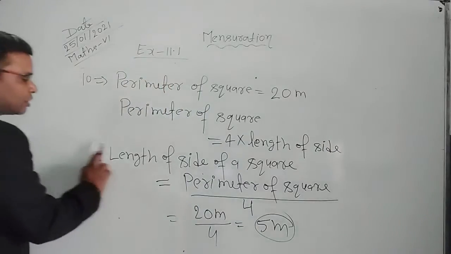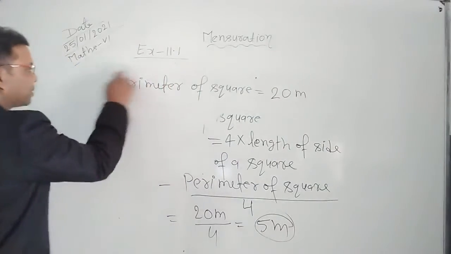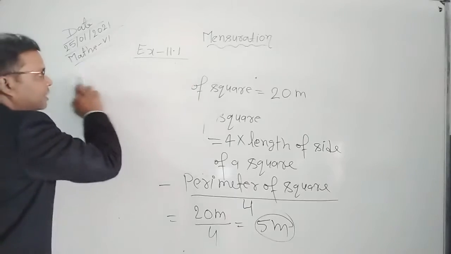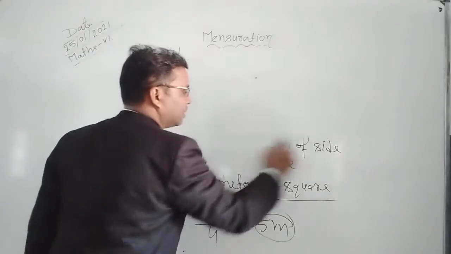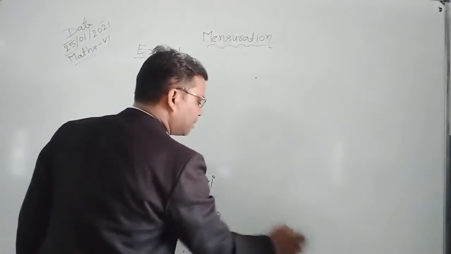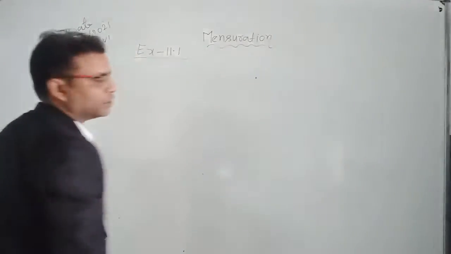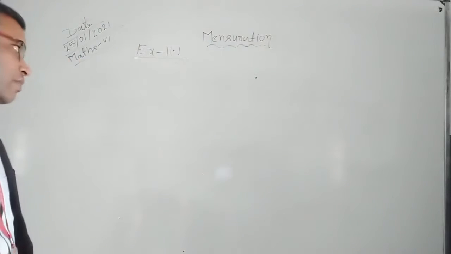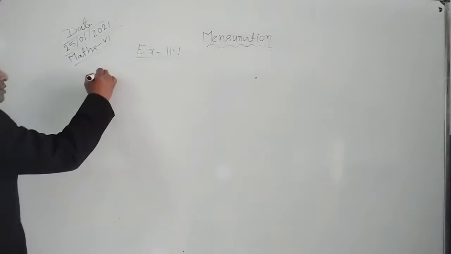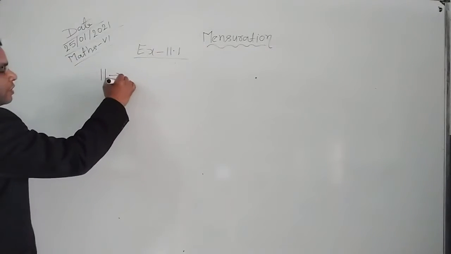Here perimeter is also given. Perimeter of the regular pentagon in question number 11 is also given here. This is 100 centimeter. Number of sides of the regular pentagon is 5 and its sides are equal. Okay, so then what we write here?